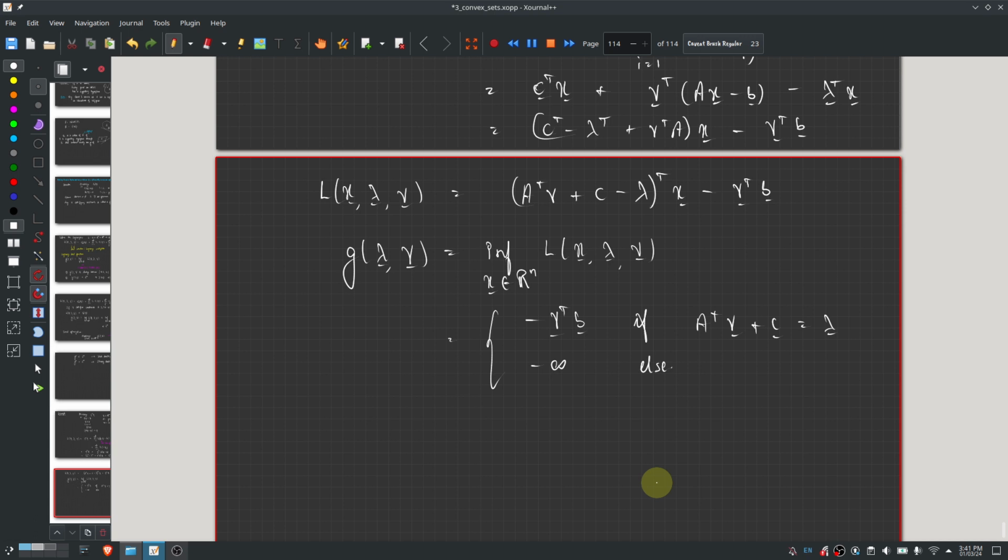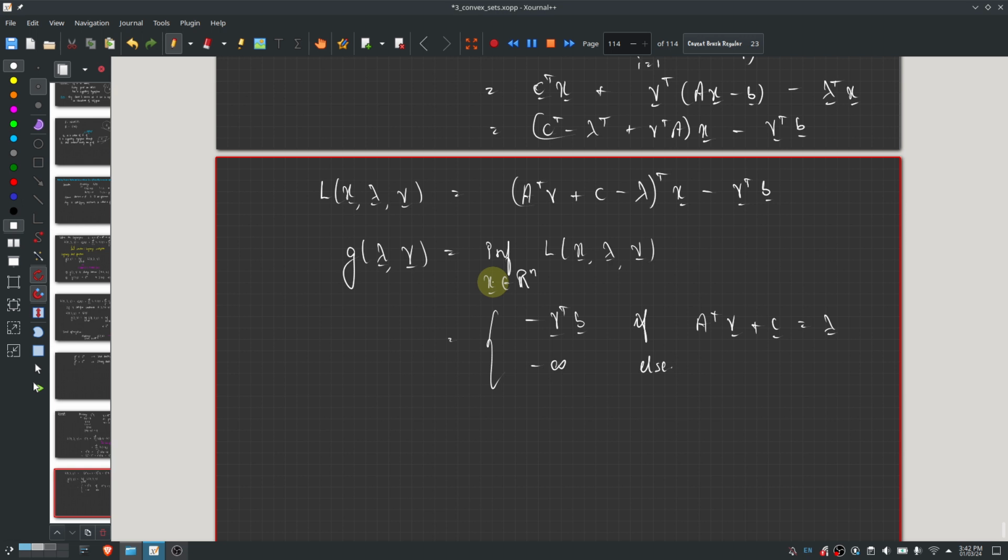So this is g of lambda, nu. Is it clear why this is equal to the minimum? I'm taking the minimum over all possible x, right? So I want to know what is the minimum of this function over all possible x.